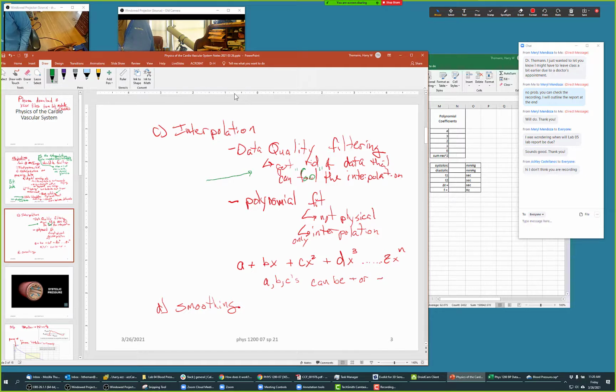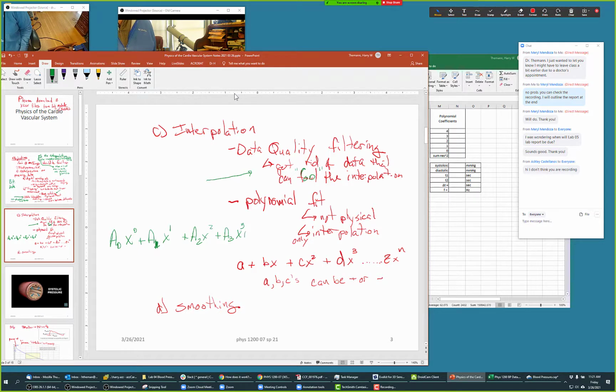A polynomial fit just means that, let me write it out better: a sub 0 x to the 0 plus a1 x to the 1 power plus a2 x squared plus a3 x cubed. Right, so we're going to do a 4-term fit today.